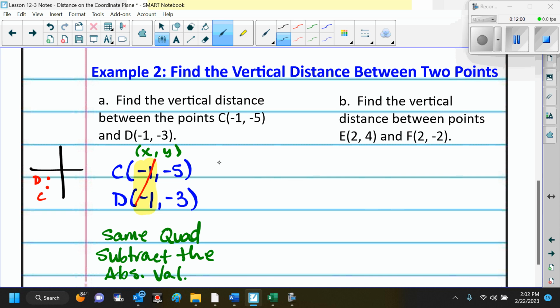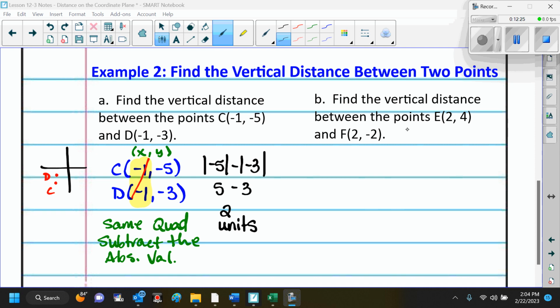So we have the absolute value of -5 minus the absolute value of -3. So that's going to be 5 minus 3, which is 2 units apart. And that's it. So I would like for you to do example B with your table partners.